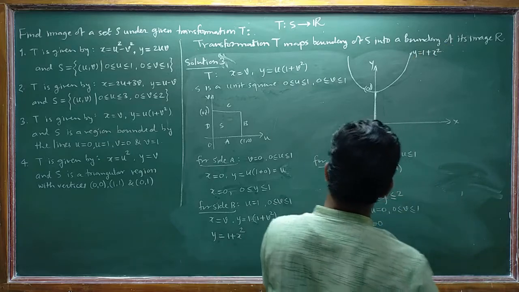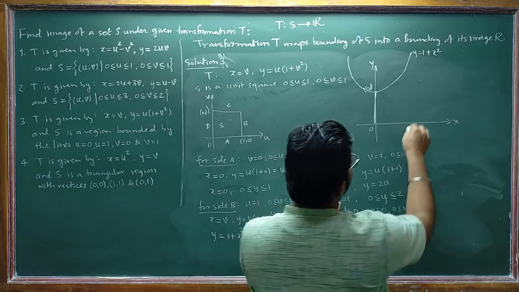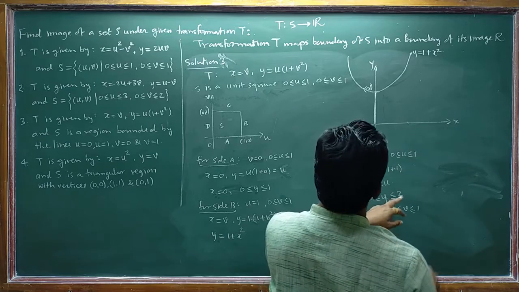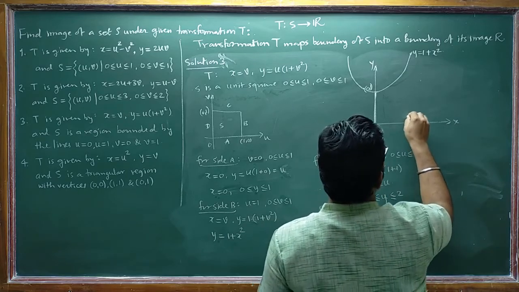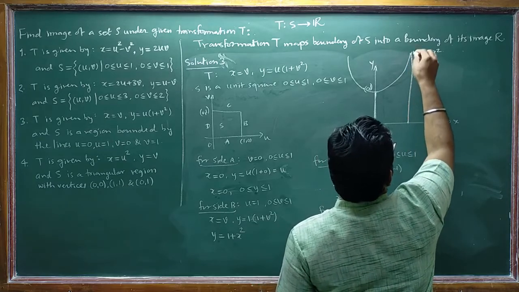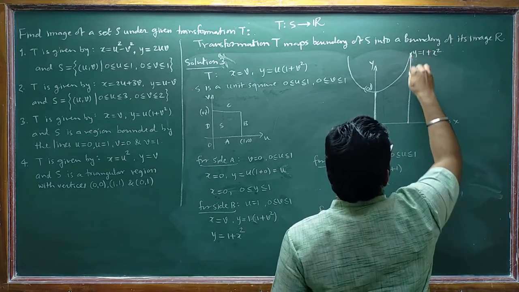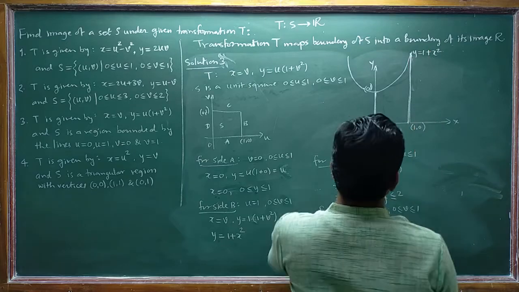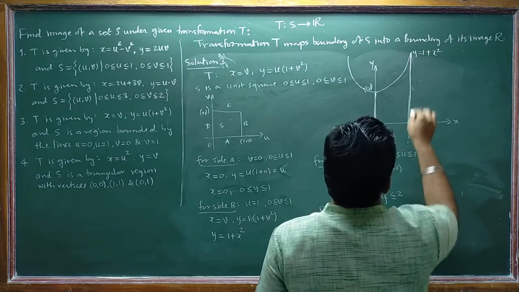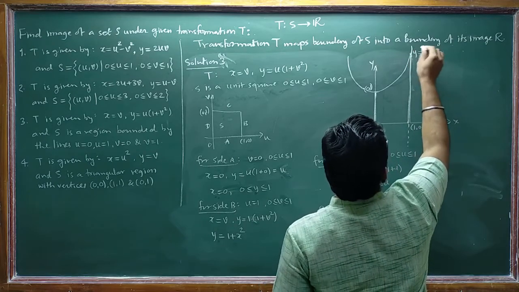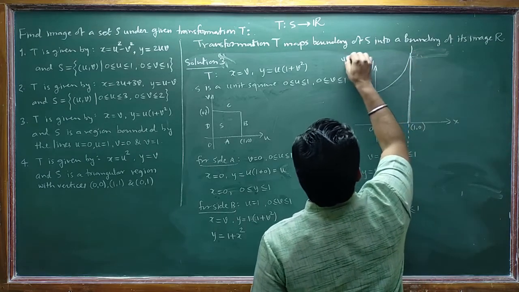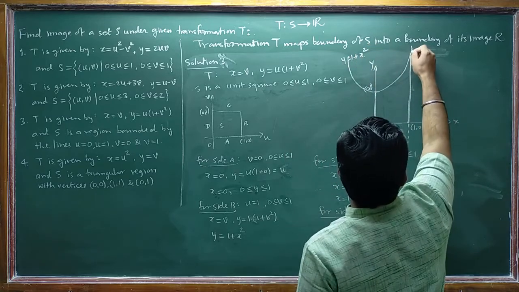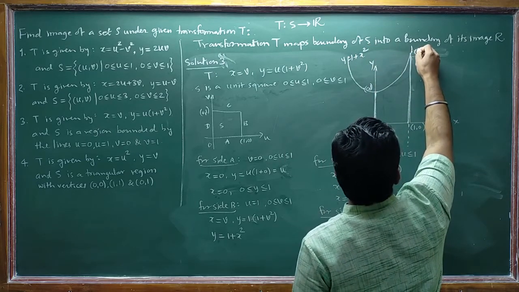The next thing, x equal to 1. x equal to 1 and y varies from 0 to 2. This is 1, 0. x equal to 1 and y varies from, this is y equal to 1 plus x square. The point of intersection of these two things is 1, 2.